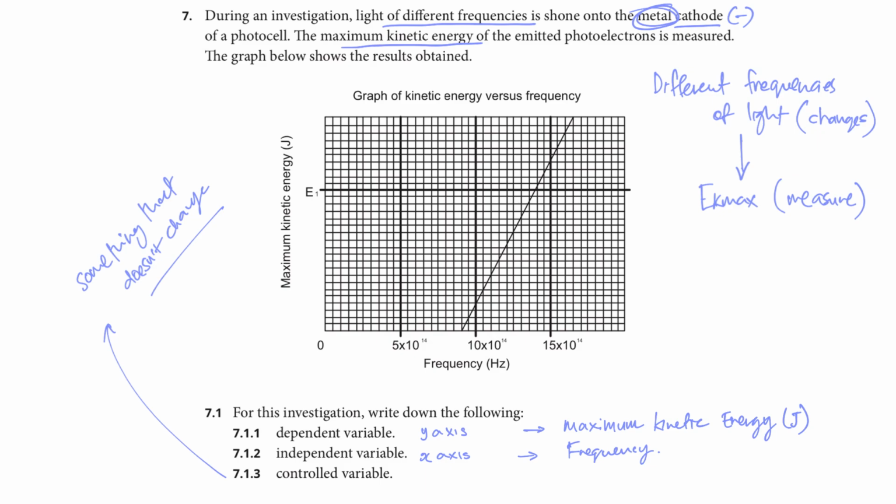So your control variable here, you can write down the type of metal cathode. If you wrote type of metal, that could also be considered correct. So there: dependent variable, independent variable, control variable.